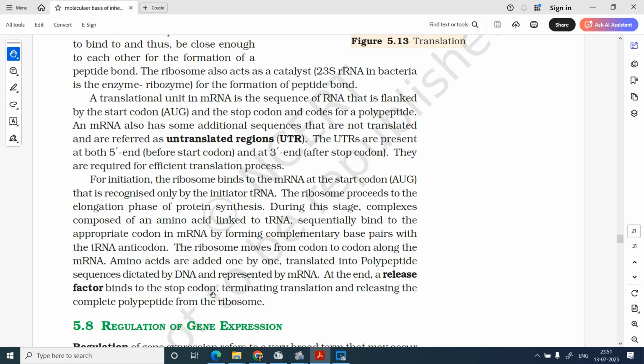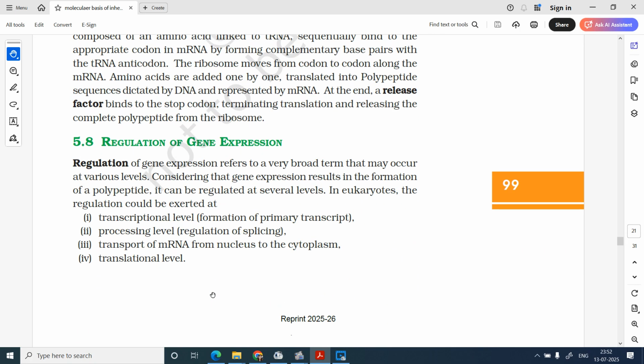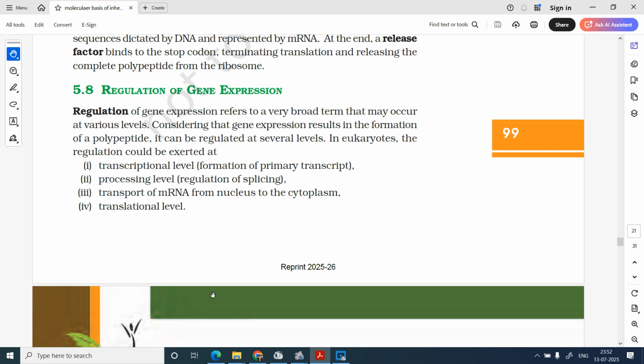The ribosome moves from codon to codon along the mRNA. Amino acids are added one by one, translated into polypeptide sequence dictated by DNA and represented by mRNA. At the end, a release factor binds to the stop codon, terminating translation and releasing the complete polypeptide from the ribosome.